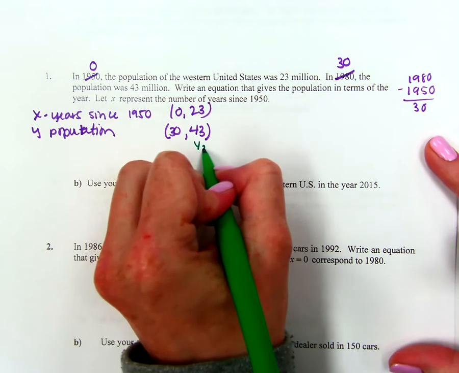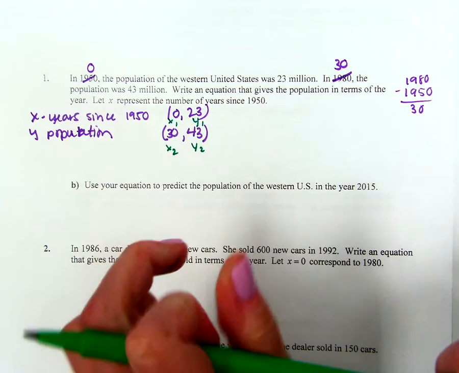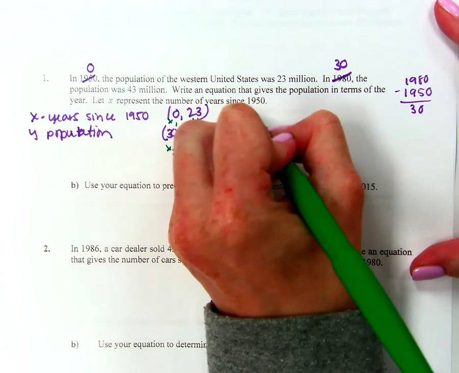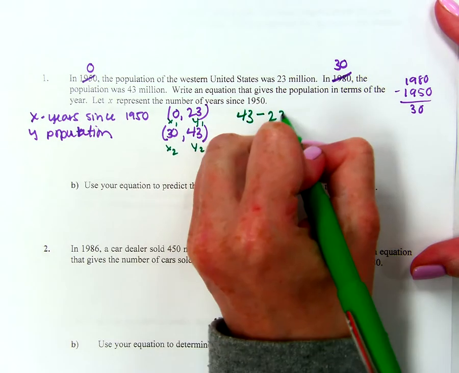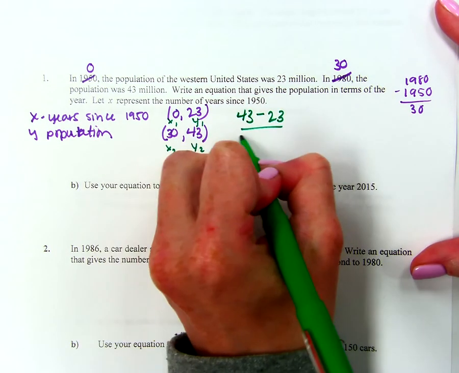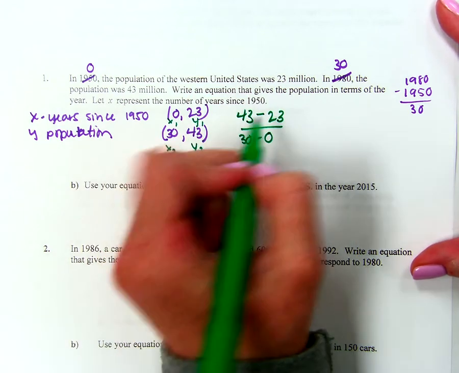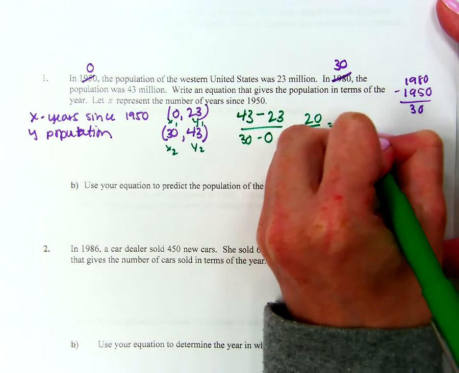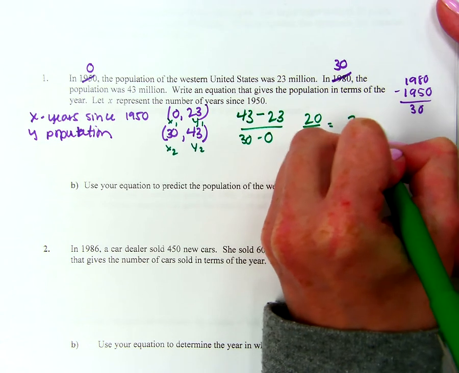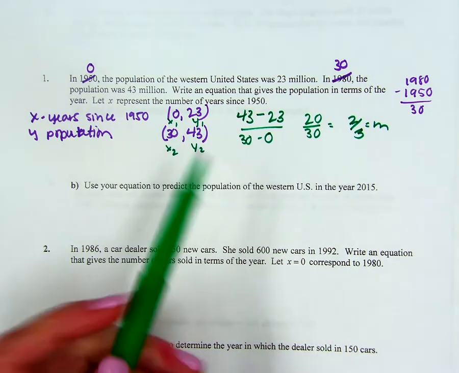This is going to be my y sub 2 and my x sub 2 and my y sub 1 and my x sub 1. So I'm going to do 43 minus 23 over 30 minus 0. So that's going to give me 20 over 30, which reduces down to 2/3. So my slope is 2/3 here.